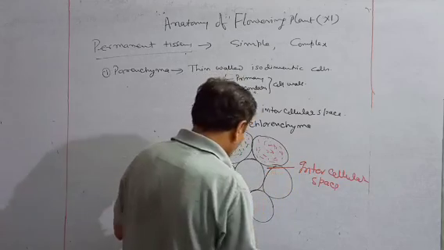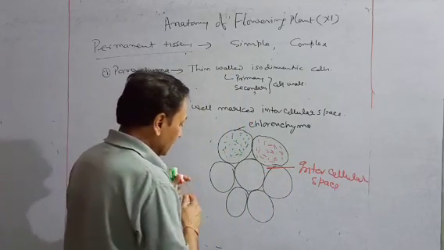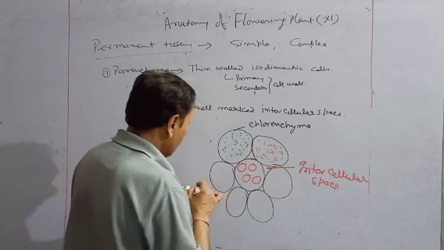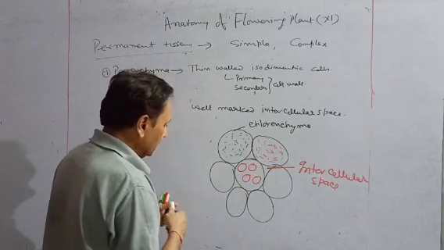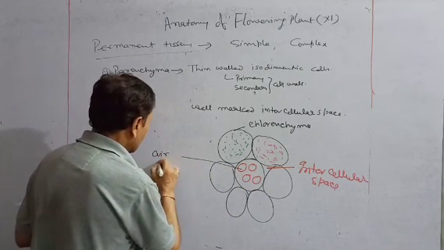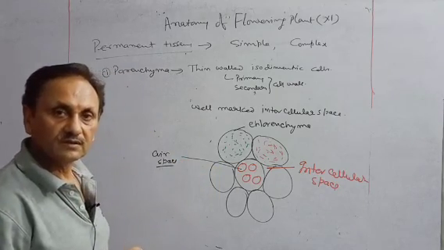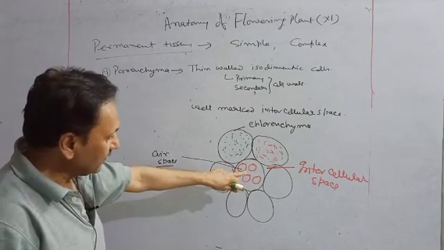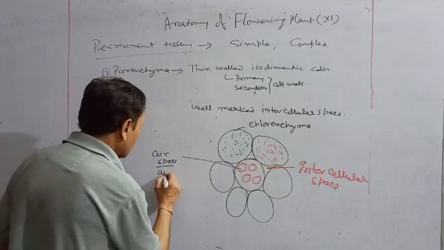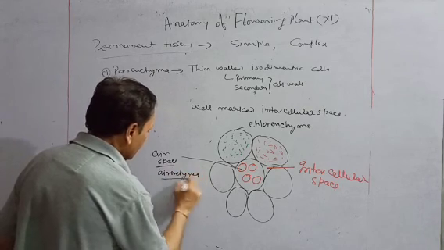In certain cases these cells have air space, which provides buoyancy. If this parenchyma provides buoyancy to the aquatic plant, then it is called aerenchyma.